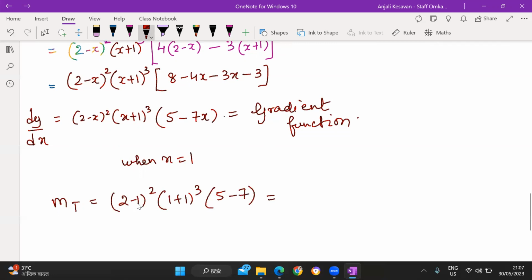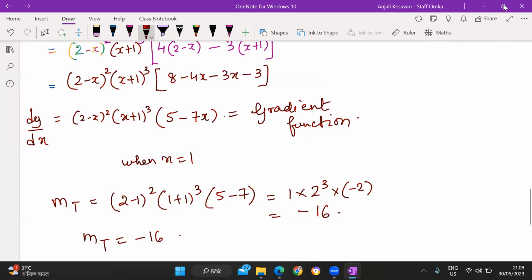And simplifying, what do we get? 1 square is 1. 1 plus 1 is 2, 2 cube times negative 2. So what is the final answer? Negative 16. Perfect. So that's your gradient of the tangent, negative 16.